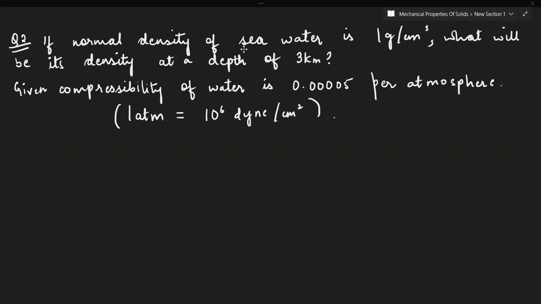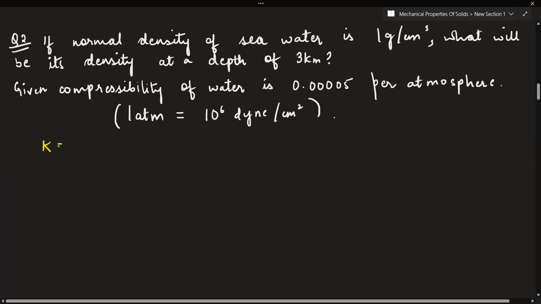See, compressibility is given to us. It means K is provided to us, that is 0.0005 per ATM. This is K, but we don't require K. For calculation, we need the bulk modulus B. So bulk modulus would be the reciprocal of bulk compressibility.